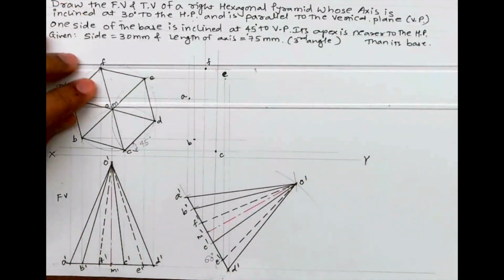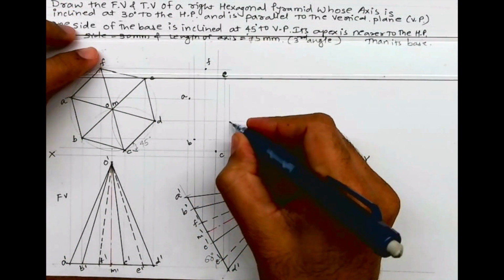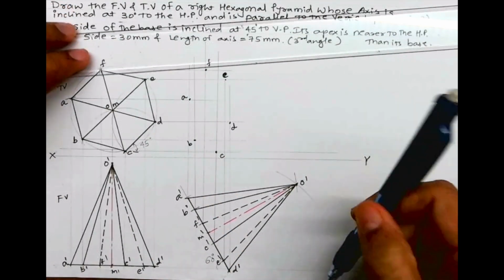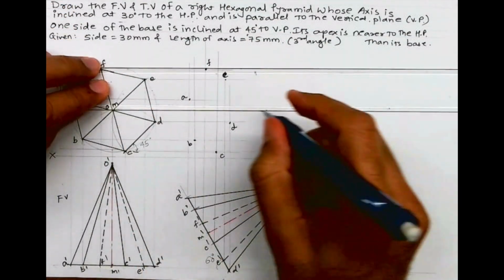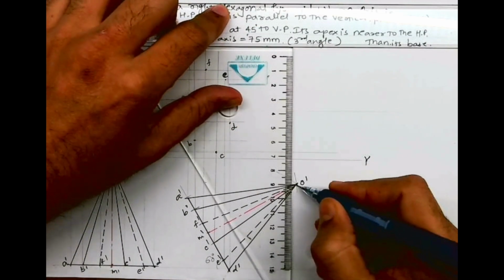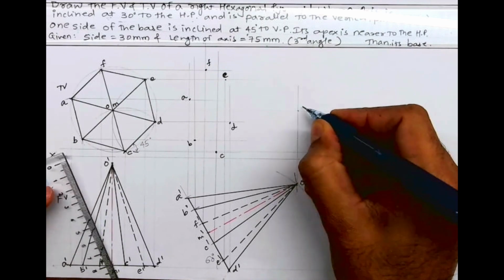And D dash from here and D from here. This is how you'll get the base of the hexagonal pyramid. Then we'll mark O and O dash from top view. So you'll get point O.